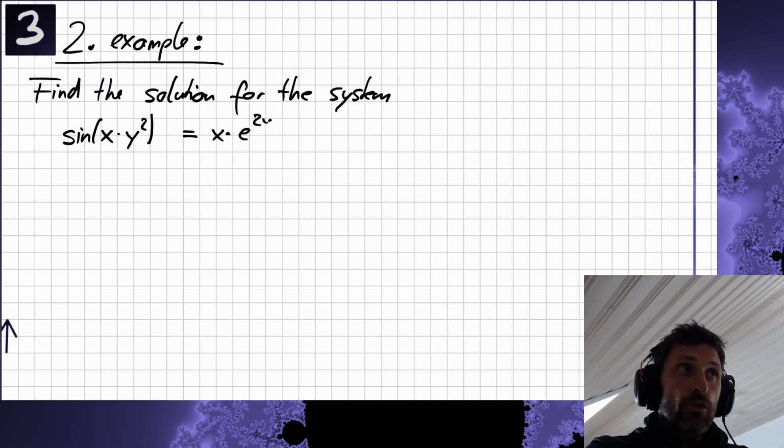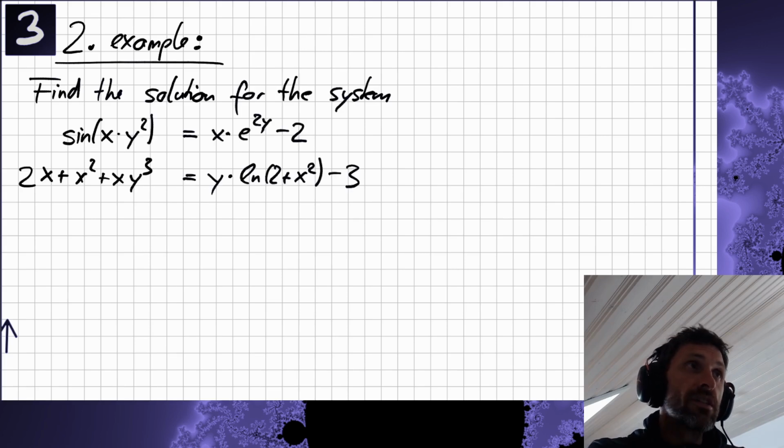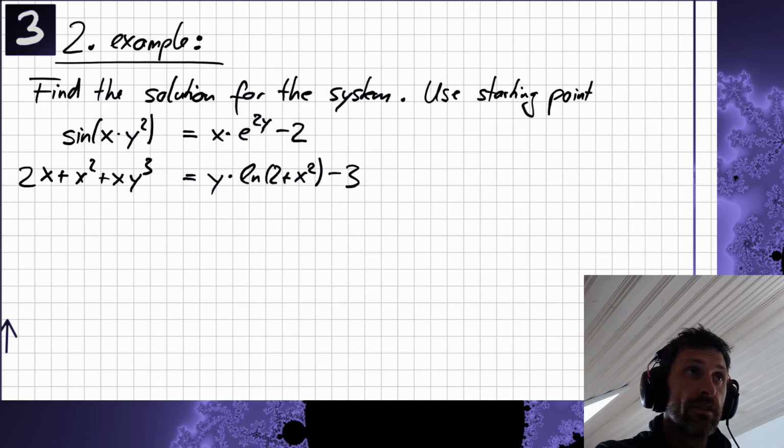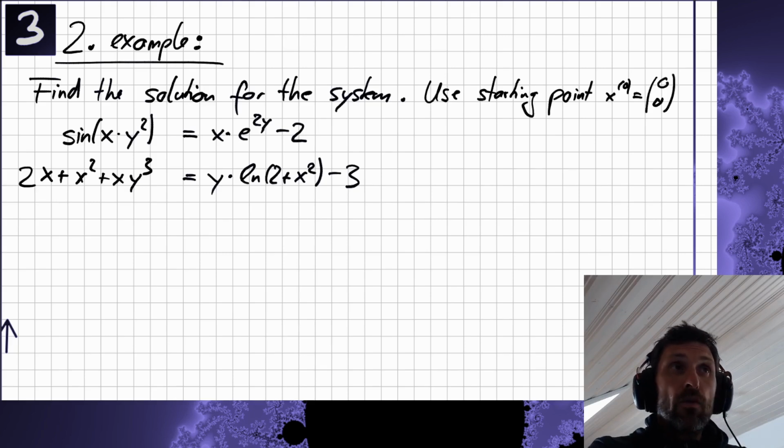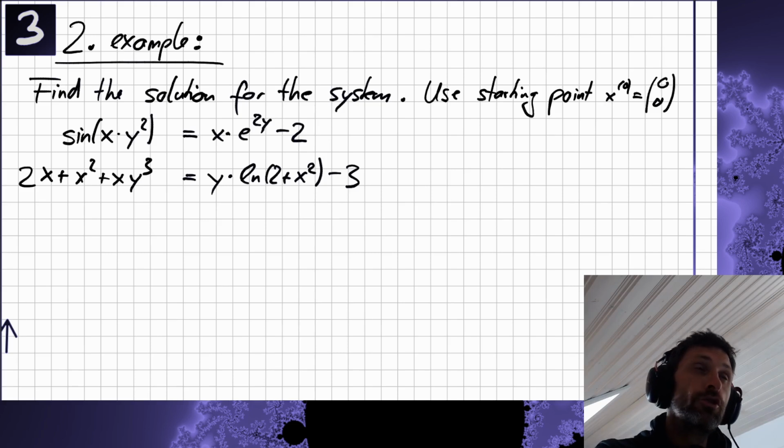A second example to also train you is the following. Find the solution for that system. You have to provide some initial starting point, and let's use 0, 0 as this initial starting point. And now what will you do?